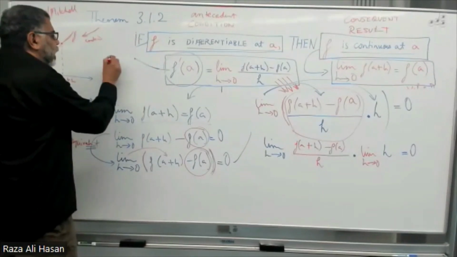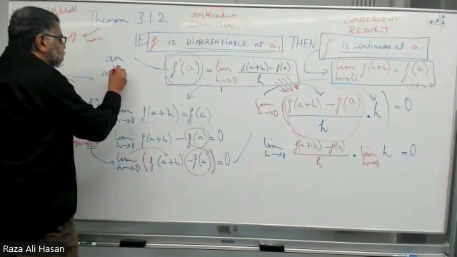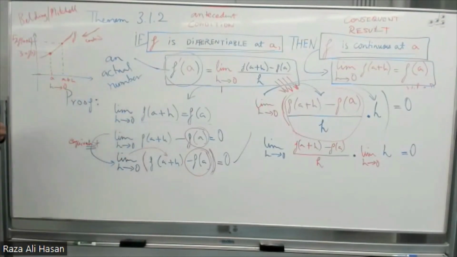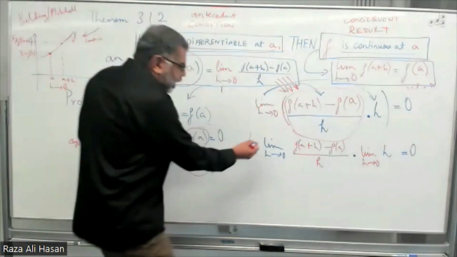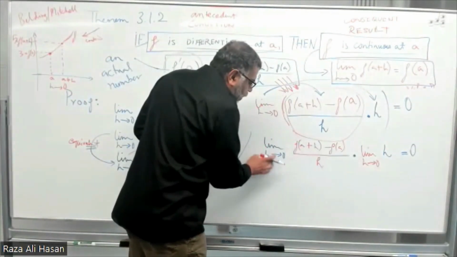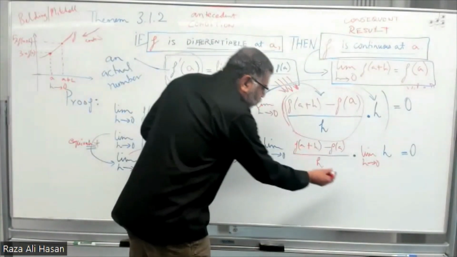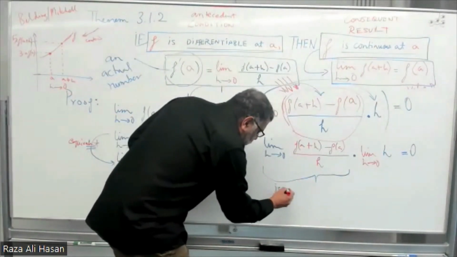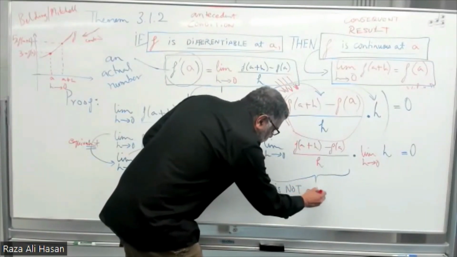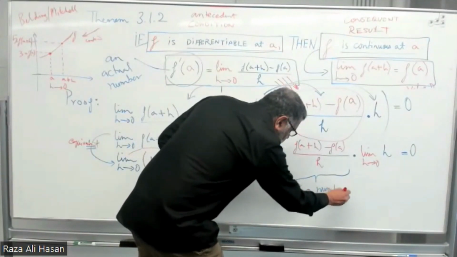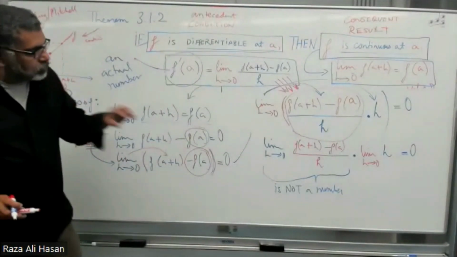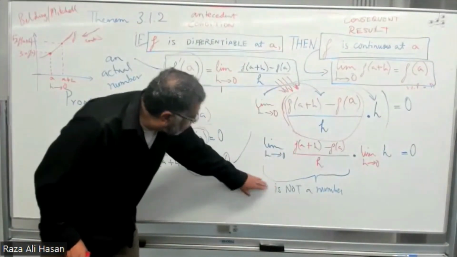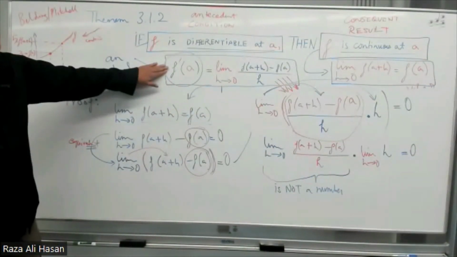This thing is an actual number. This thing here right now, with the limit applied to the difference quotient, this whole thing is not a number.